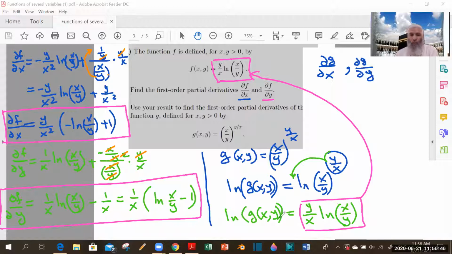But we need to find the derivative of this part too. We will take the derivative of both sides, the right-hand side and the left-hand side, for this equation. Now, first we will take the derivative of this part with respect to x.